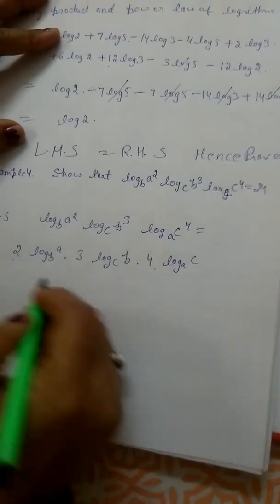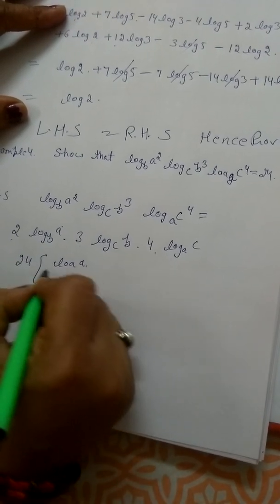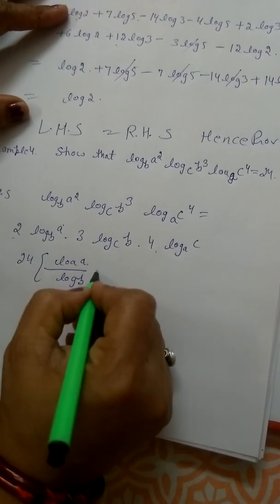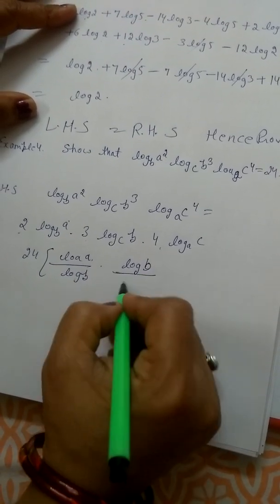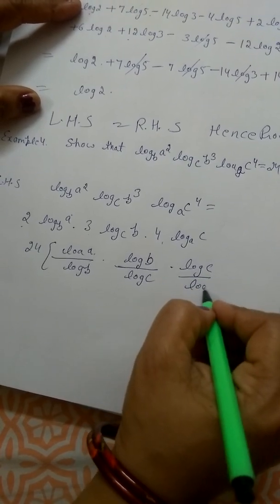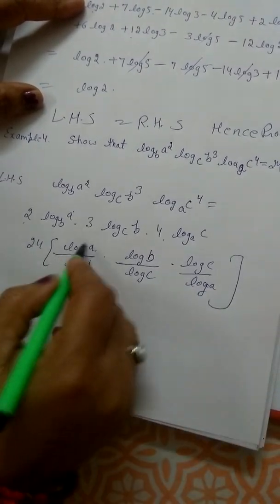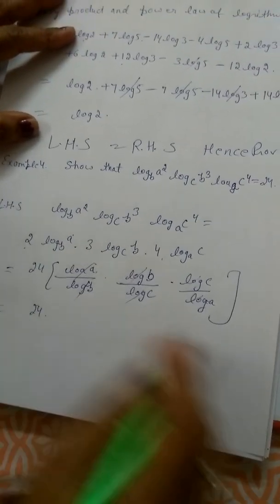Now 2, 3, 4, that will be 24, and you can write this as log a divided by log b, log b divided by log c, and log c divided by log a. This will be cancelled. Answer will be 24.